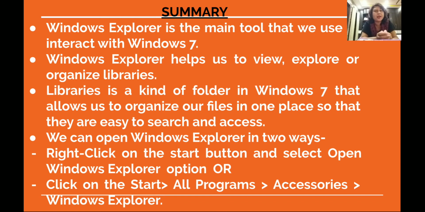Now what is a library? A library is a kind of folder in Windows 7 that allows us to organize our files in one place, so that it becomes easy to search and use those files in future. We do not need to look into files from all the different drives or folders; they will be stored in that particular folder known as a library.